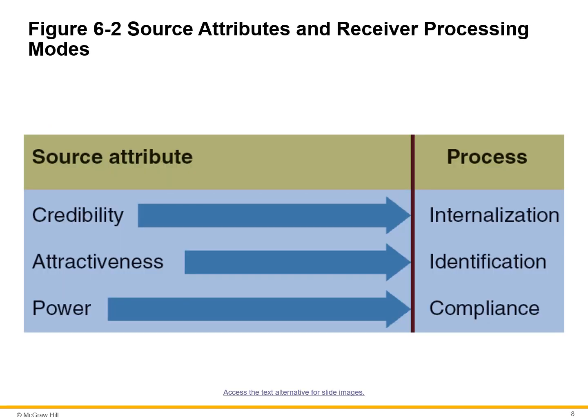So, the source attributes and the receiver processing modes. Basically, if the source is credible, it helps with the consumer internalization. If the source is very attractive, it helps with the identification process.